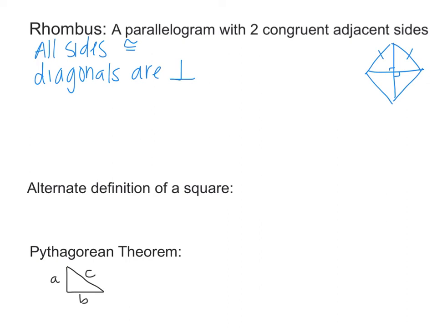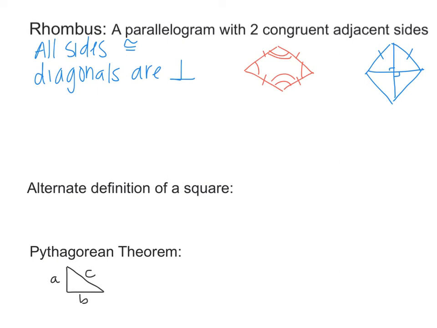So if I draw another rhombus, oops, let's try that again. Okay, I know that opposite sides are congruent. I know opposite angles are congruent. But all of my sides are the same. So my angles here are kind of similar to a parallelogram.